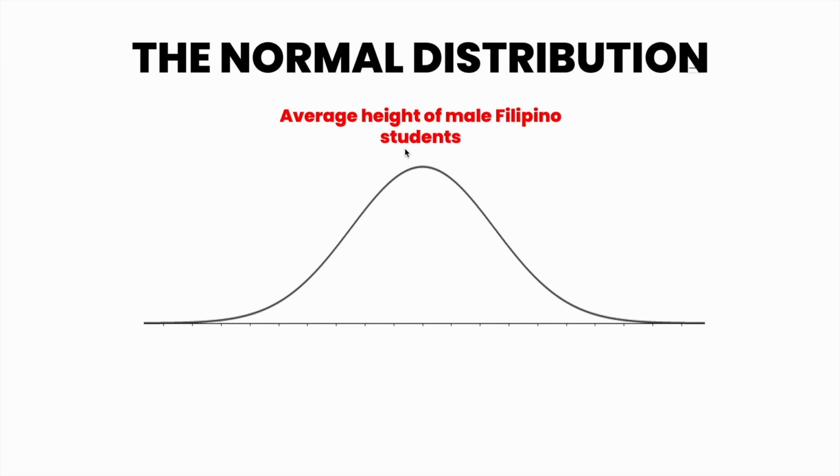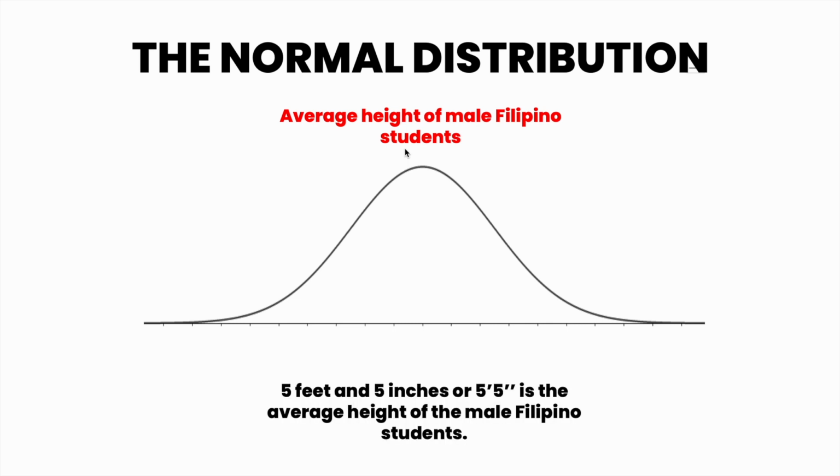In this case, we have the average height of male Filipino students. 5 feet and 5 inches, or 5'5", is the average height of the male Filipino students. So on this location, this will be the average height, which is 5'5". On this location, we have the small, and for this part, we have the tall.